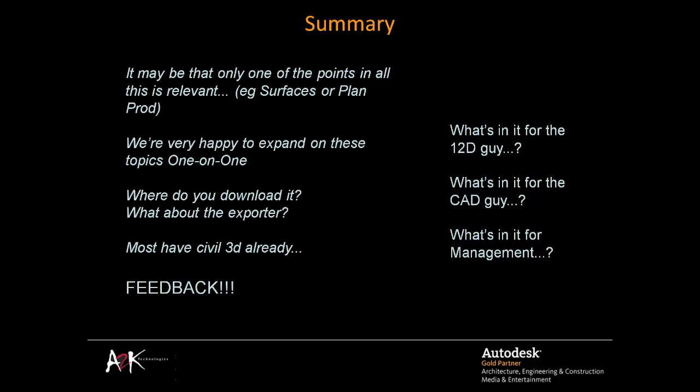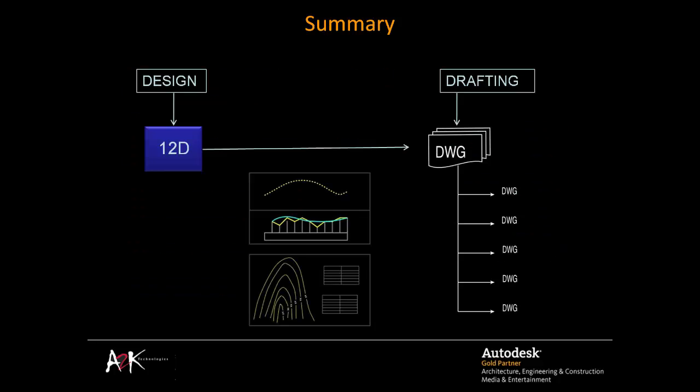For the CAD guy, you've got the extra flexibility of putting in the labels and annotations and everything else when you want to do them, and you're getting more exposure to the design process as well. And for management, it makes a lot of sense to have the 12D guys doing the design work and the drafting guys doing the drafting work. So from our point of view, it seems like a win-win solution, which is what we're so excited about.